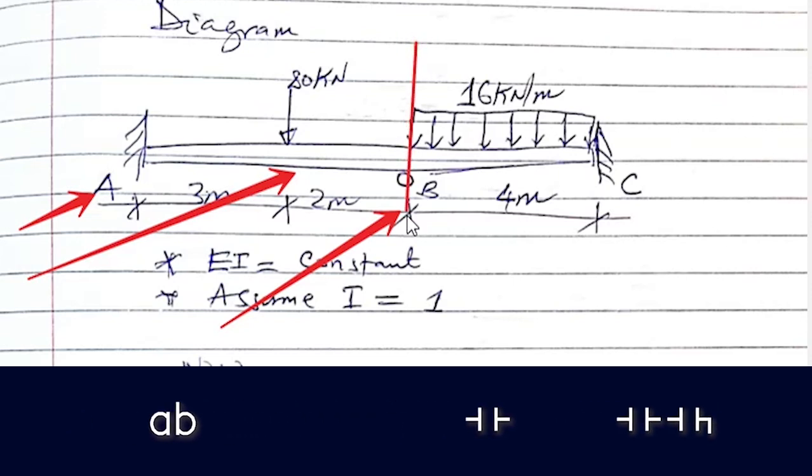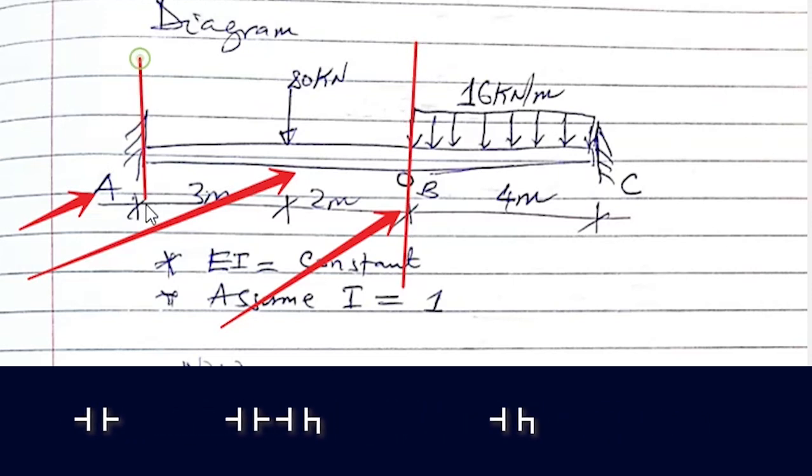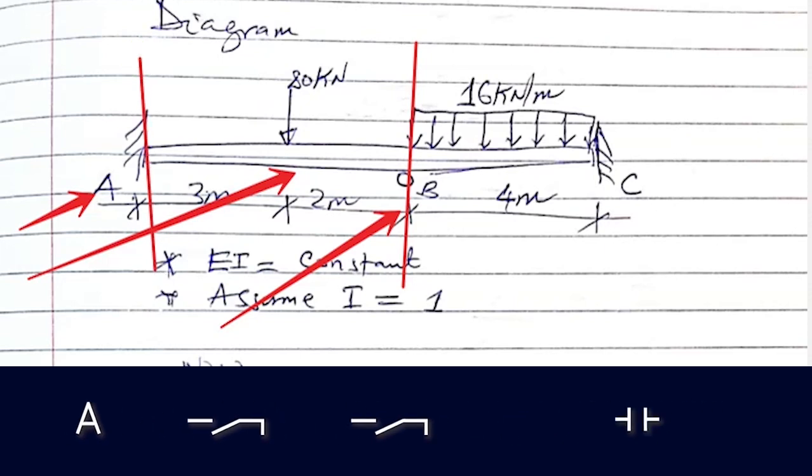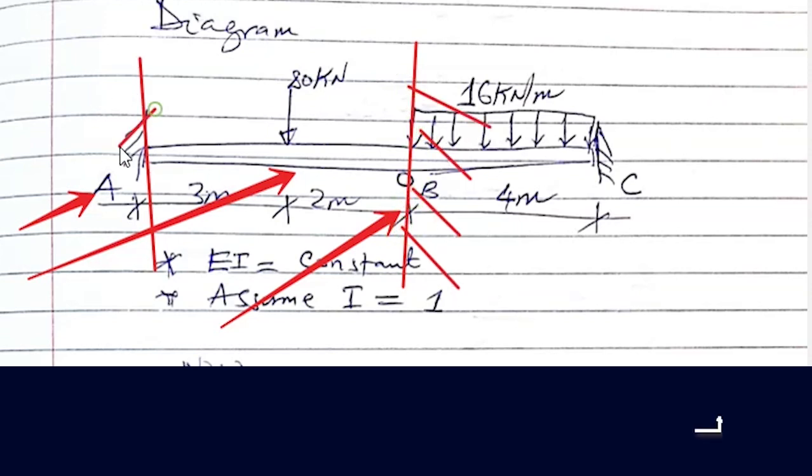If we take this one to be restrained, it will be fixed from A to B, like this. That will be the consideration for the support.